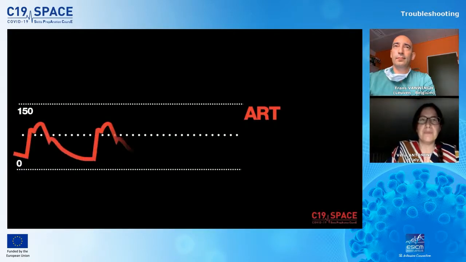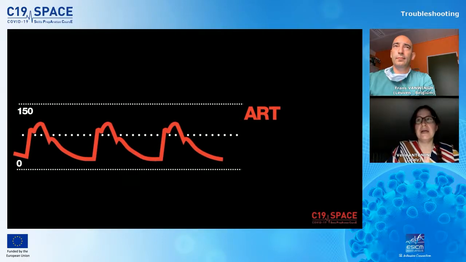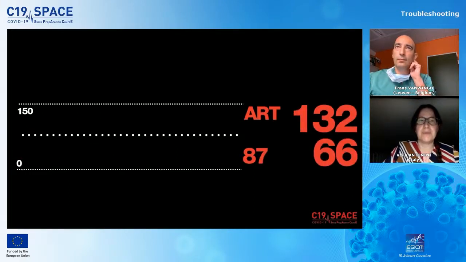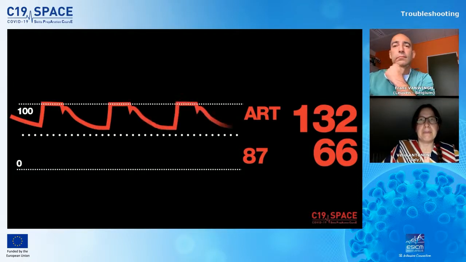So now you are supposed to have a reliable value with a clean waveform, but there is another thing you could do to optimize the waveform, which is fixing the range of reading on the monitor to improve the visibility of wave components. If the range is too low, you are going to lose the peaks of the wave.